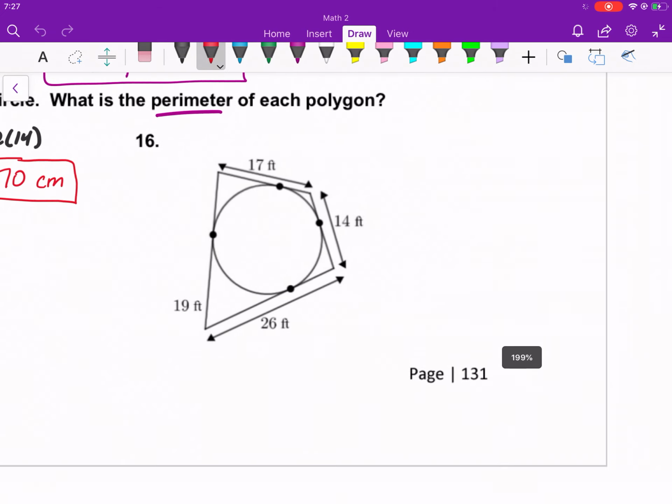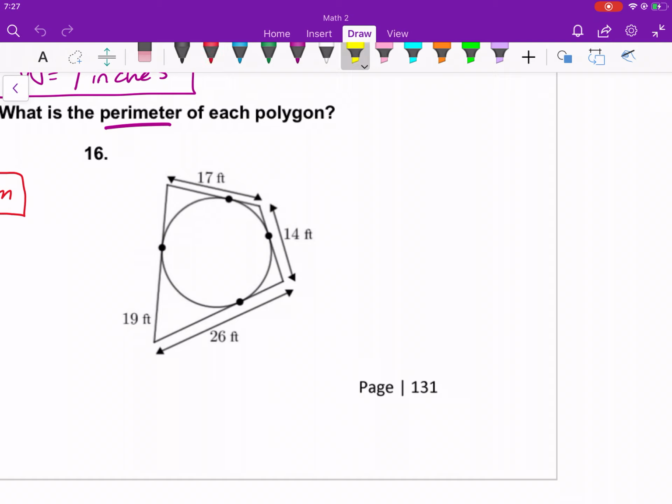Number 16 is a little harder. Not much though. So number 16, notice how a lot of these sides are the full length. They're not just the tangent segment. So there's only one spot where the tangent segment is indicated, and that's right here. So that's what we have to start out with, because that tangent segment must be the same as this one.